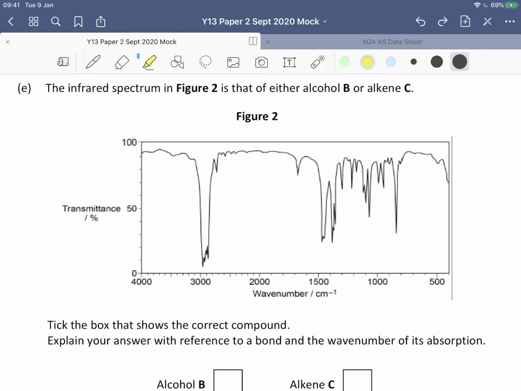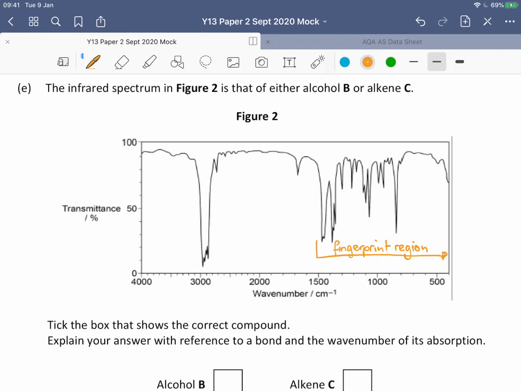I just want to say a couple of general things about IR spectra. This region here from 1500 on downwards is called the fingerprint region. It's called the fingerprint region because the pattern here will be unique to every molecule. So in a laboratory where they've got a huge database of molecules, it is a great way of identifying what molecule you've got.